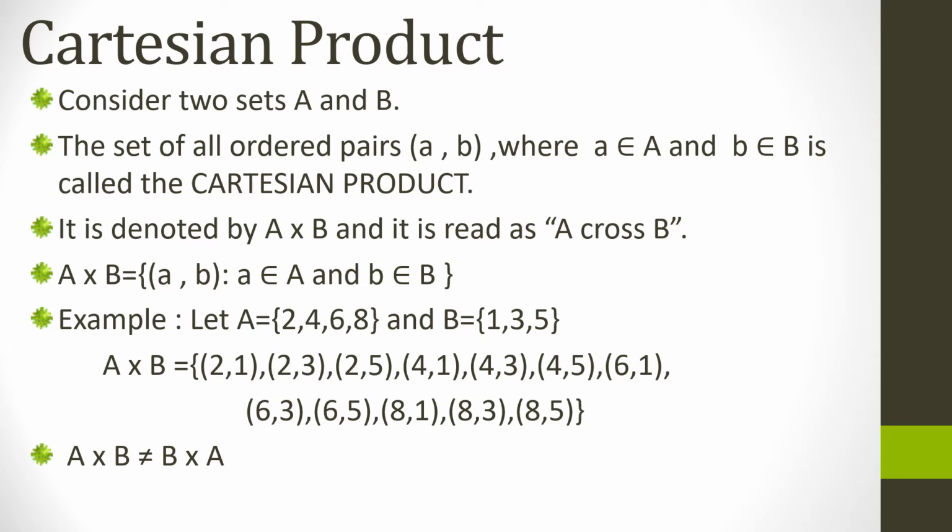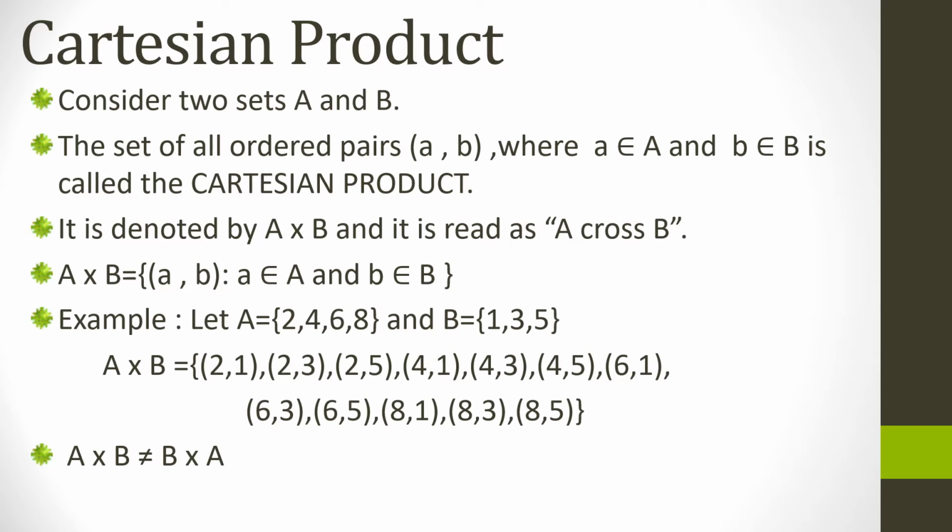Now we will see what is Cartesian product. Consider two sets A and B. What is Cartesian product? The set of all ordered pairs (a, b), where the first element a belongs to the first set, capital A, and the second element b belongs to set B, is called the Cartesian product.